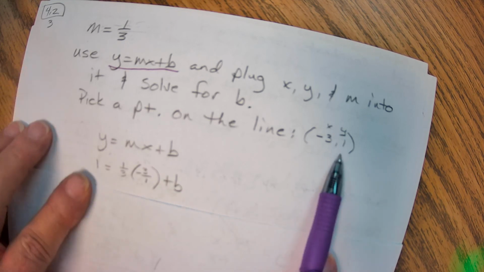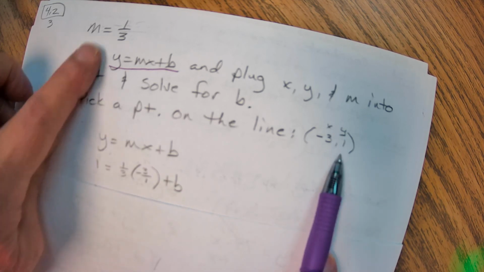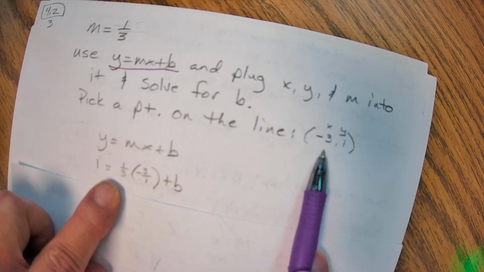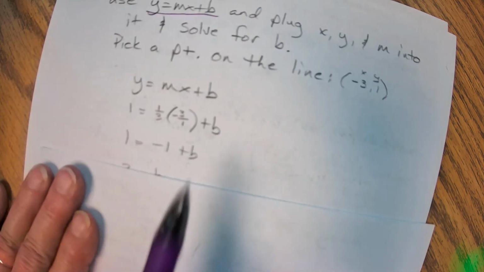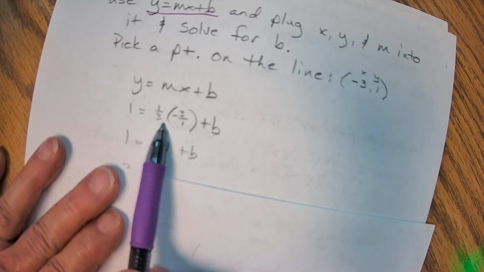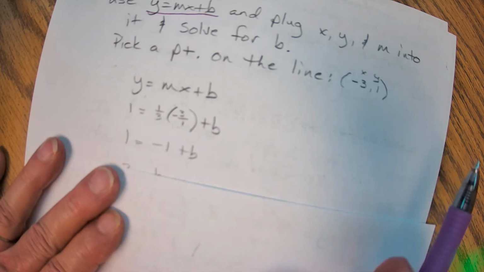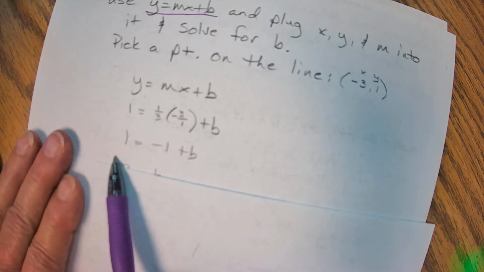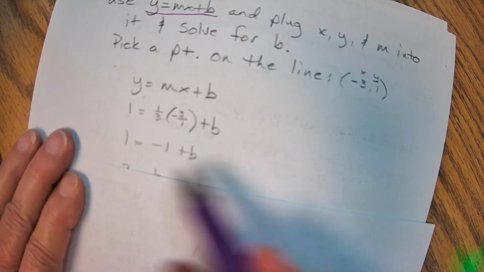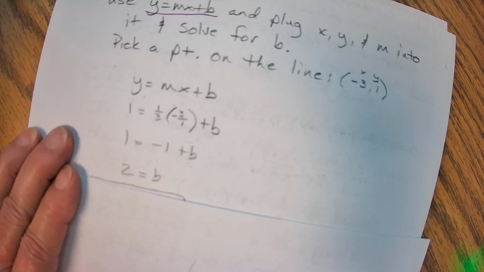So y is 1, m is 1/3, x is -3, plus b. That gives me 1 equals, remember 1/3 times 3 is just 1, but it's going to be negative because of that. So now I have 1 = -1 + b. If I add 1 to both sides, I get 2 = b.